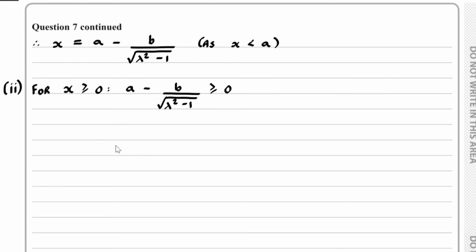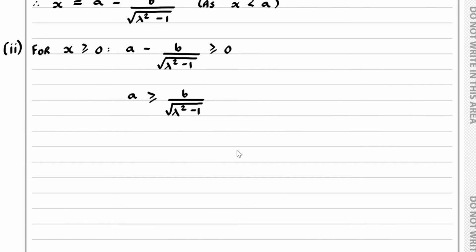So, if we rearrange, we have a being greater or equal to b over the square root of (lambda squared minus 1), and so the square root of (lambda squared minus 1) is greater or equal to b over a.